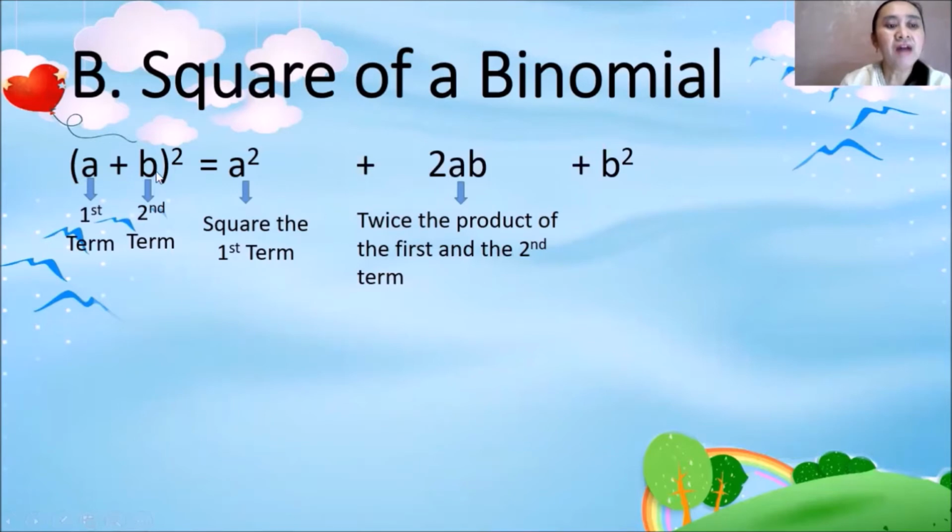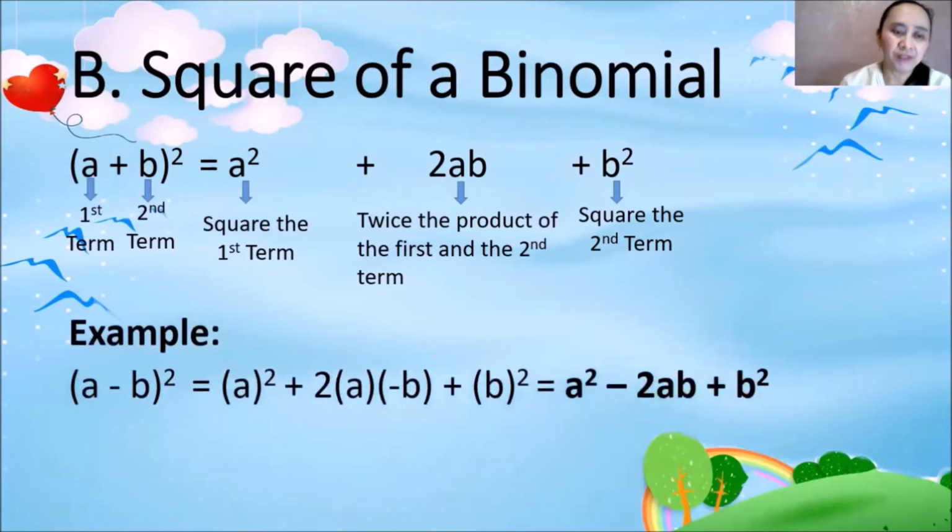Multiply A times B, and multiply it twice. So 2 times A times B is 2AB. And to get the last term of the product, square the last term. B times B is equal to B squared. So we get A squared plus 2AB plus B squared. We get the same result using the FOIL method.